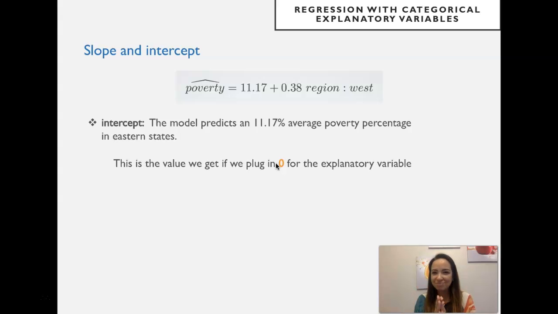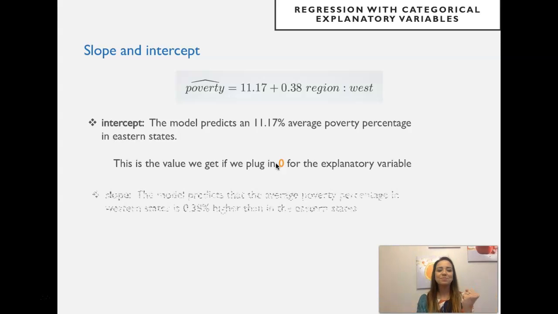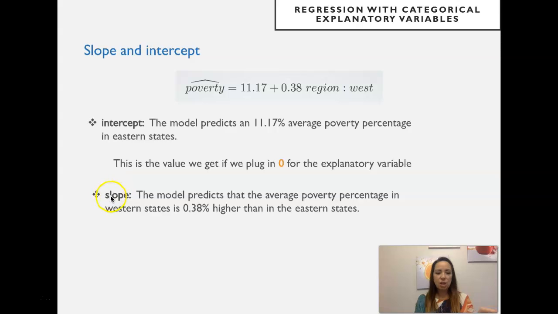Here 0 is meaningful because that means east, right? We coded east as 0. And the slope of the model predicts that the average poverty percentage in western states is 0.38% higher than in eastern states.